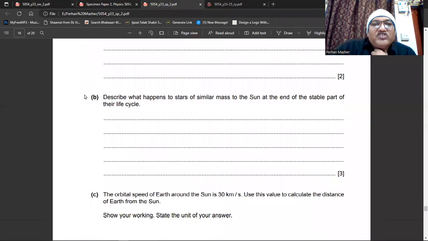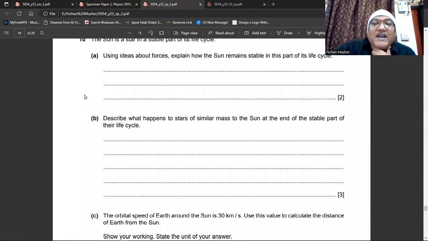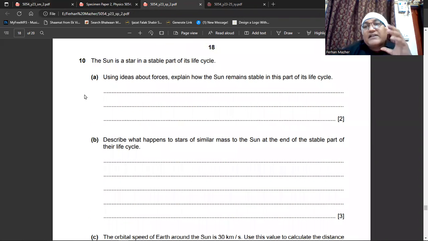The next question is: describe what happens to stars of similar mass to the sun at the end of the stable part of their life. At the end of the stable part of their life, the fuel on which they run is hydrogen. The hydrogen is fusing together, producing an enormous amount of temperature and heat, and that fuel will be used up.